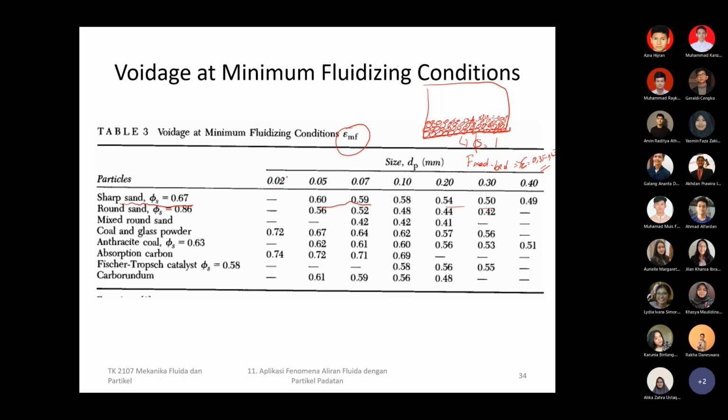Then you can see that the bigger the particle, your epsilon will also be bigger. Maybe if I draw, that's probably the easy illustration here.